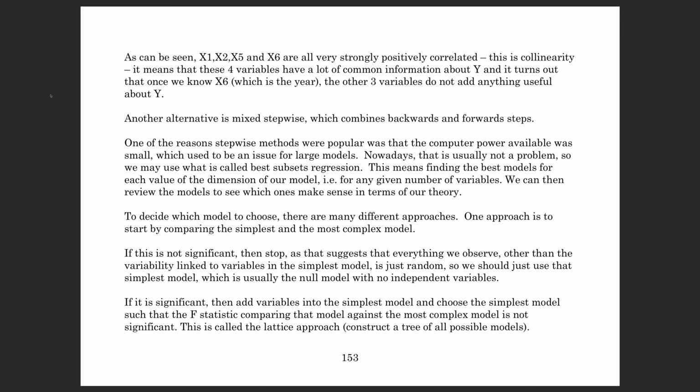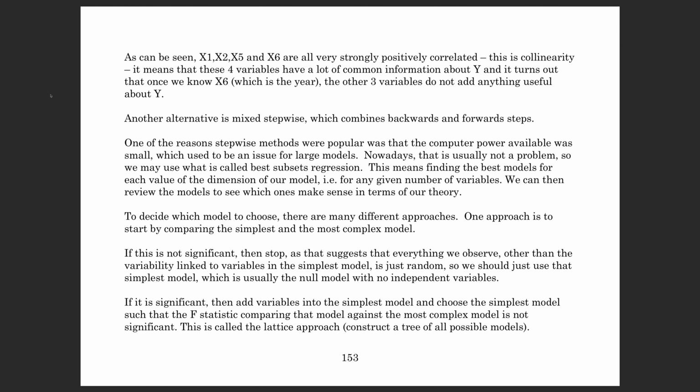So having looked at forward stepwise and backward stepwise, one other possibility is to do what we call mixed stepwise, which means that after each step, we try both adding and deleting variables. So we do whichever one increases the significance the most.